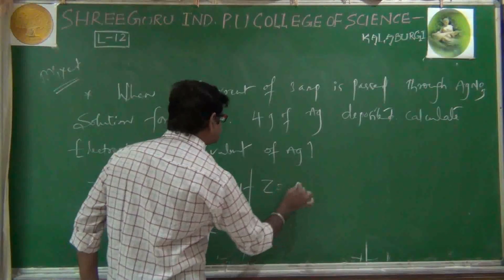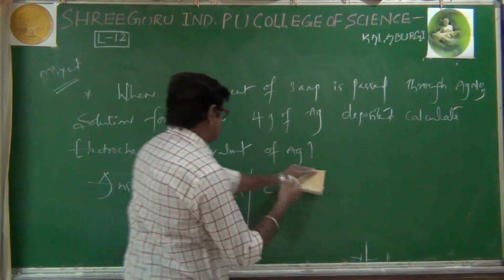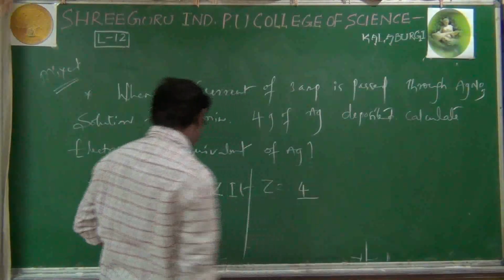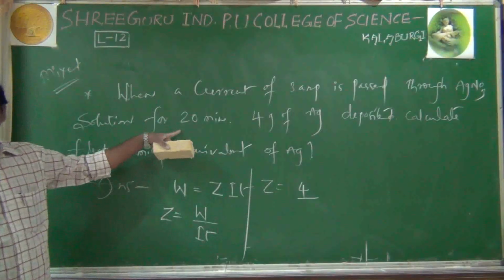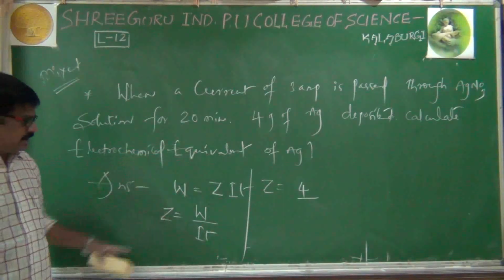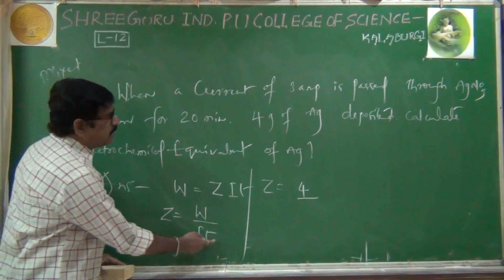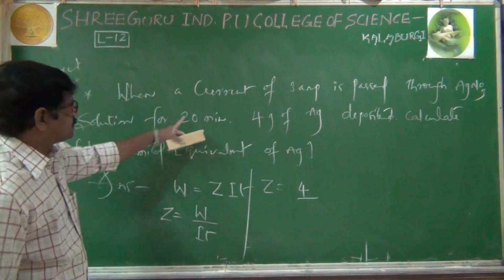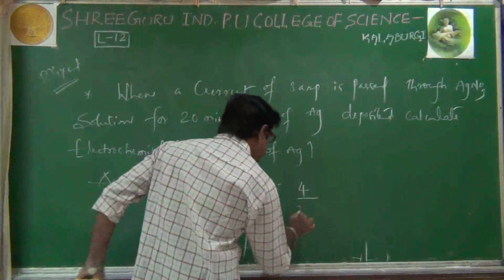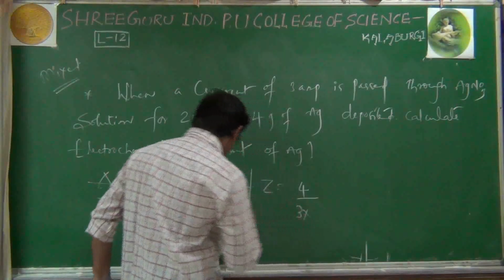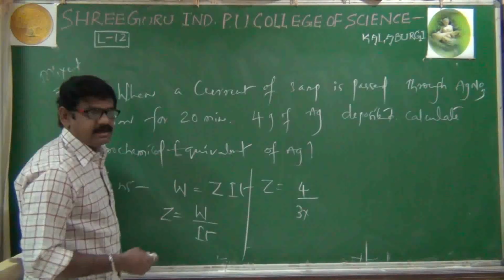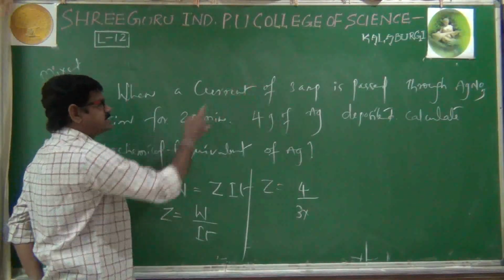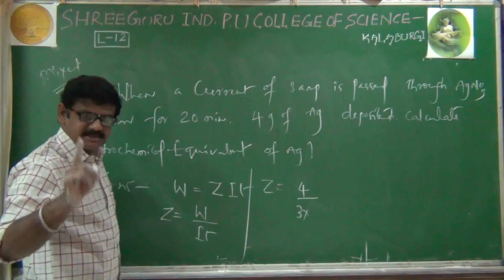Therefore Z is equal to 4 grams divided by current into time. Current is 3 amperes. Time is 20 minutes. If current is in amperes, time should be in seconds.